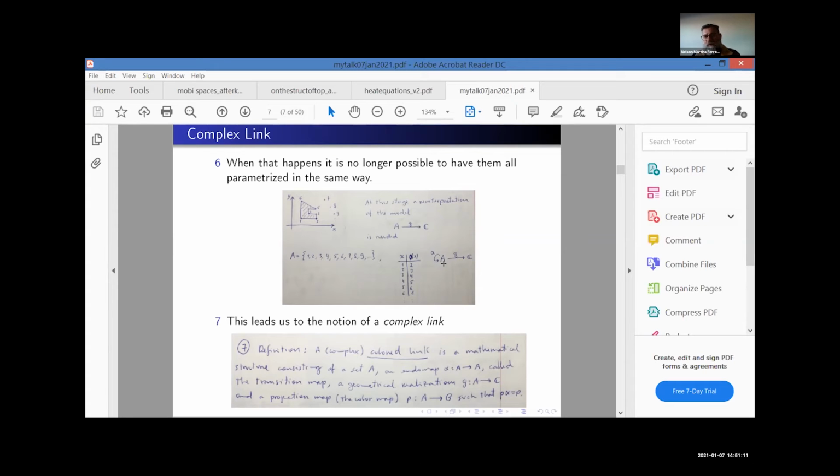So the number of the transition maps in the link structure determines its complexity, and it's all a matter of how we interpret it. But the structure is the same, and this is important from the computational and mathematical formalism, is to have a definition which is stable. It is a set of indexes, a realization map into a space, and transition maps. And then with this information, we have an interpretation.